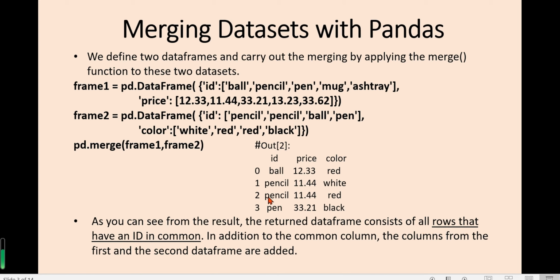So the ID is automatically used as the key for the merging, and the resulting data frame will add these two data sets' columns together, and there will be 3 rows. It is the intersection of these two data frames.